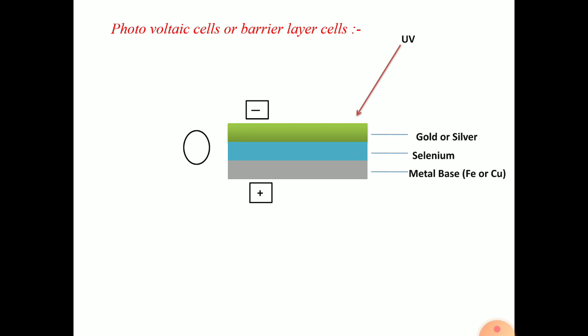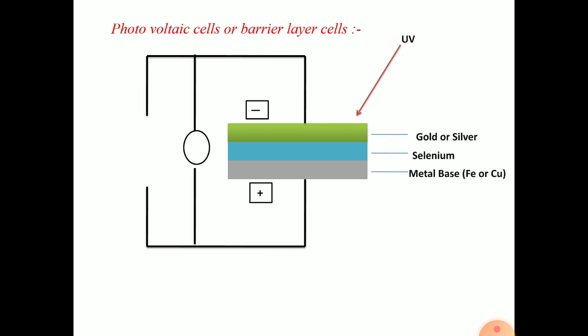When the UV light falls on the gold or silver layer, the layer produces electrons. The cathode and anode are connected to an external circuit, with a voltmeter and resistance.